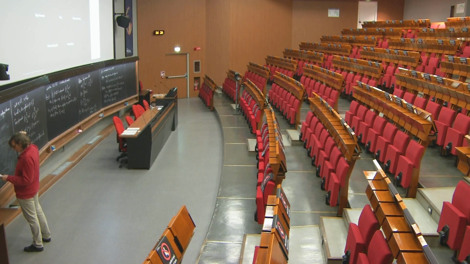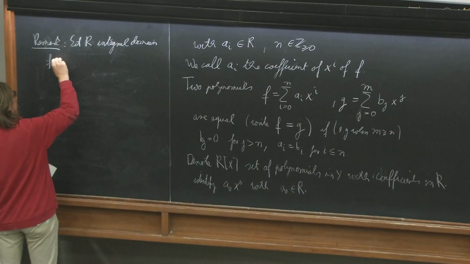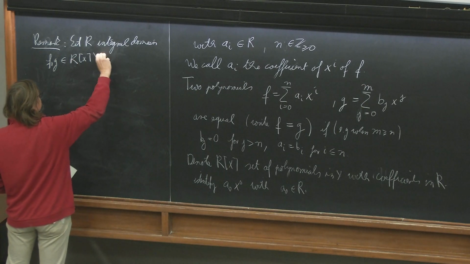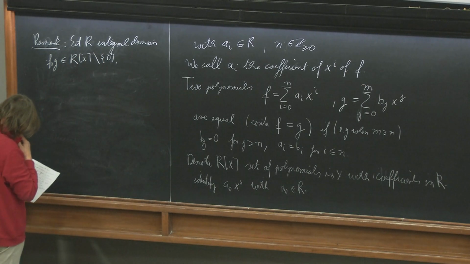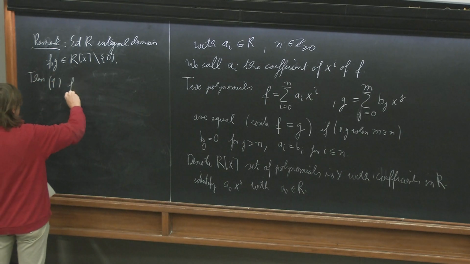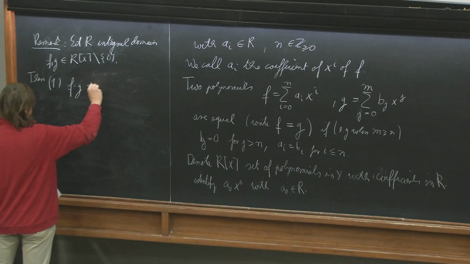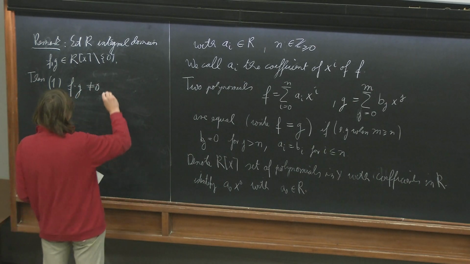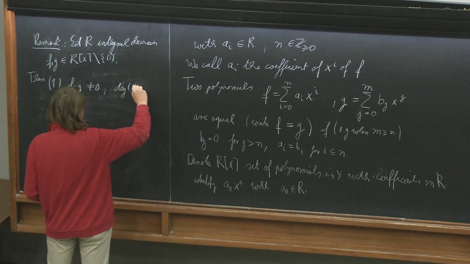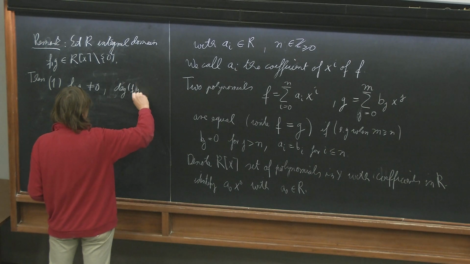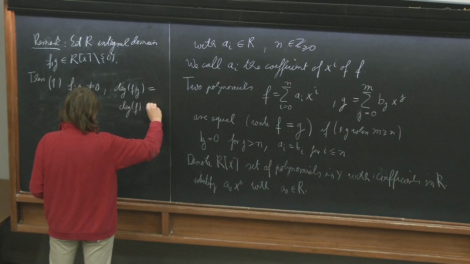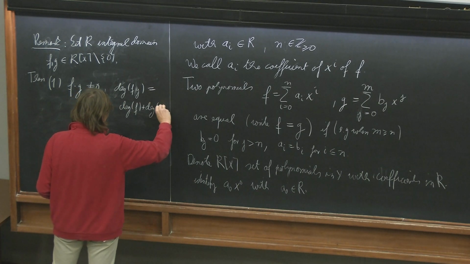Then, say f and g non-zero polynomials. Then, first, the product f times g is also non-zero, and in fact, the degree of f times g is equal to the degree of f plus the degree of g.